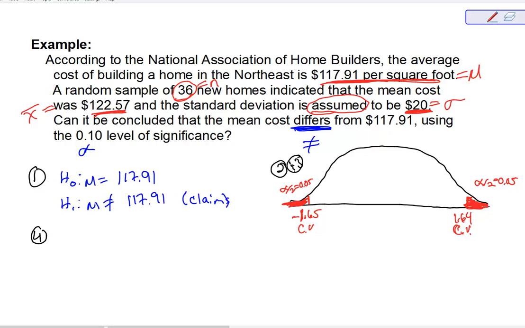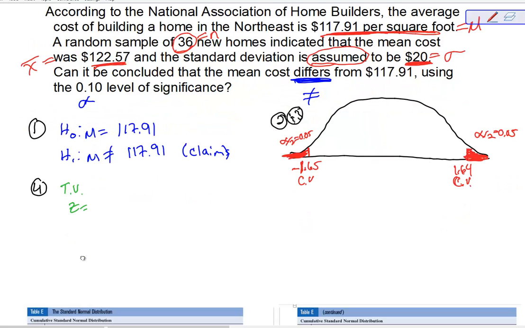Step 4 is to do the test value, the test statistic, which is the z value. So I need to look for my x bar minus the mean divided by sigma divided by the square root of n.